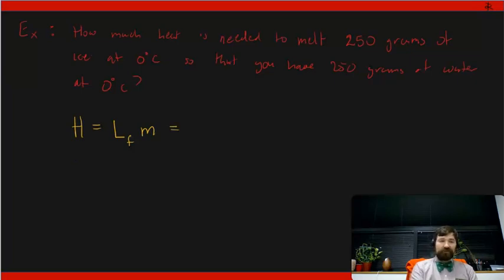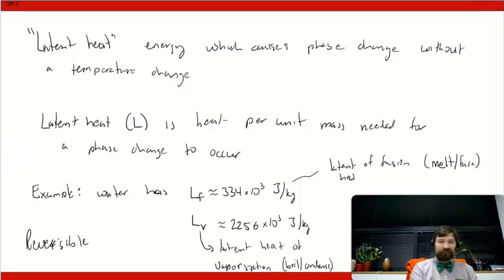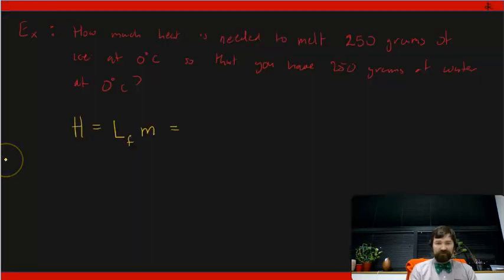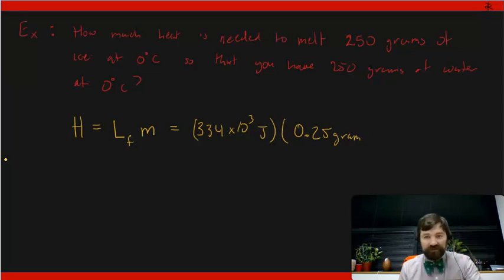Recall that I specified for latent heat that for water is about 334 times 10 to the 3 joules per kilogram. So this is 334 times 10 to the 3 joules times the mass, which is 0.25 kilograms.